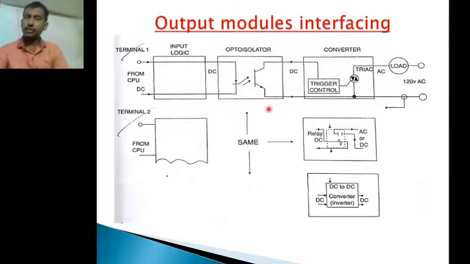That means one output module can have nearly 32 terminals. But the voltage type should be the same, not different: if you choose AC, all 32 terminals are AC only, and if you choose DC, all 32 terminals are DC only.